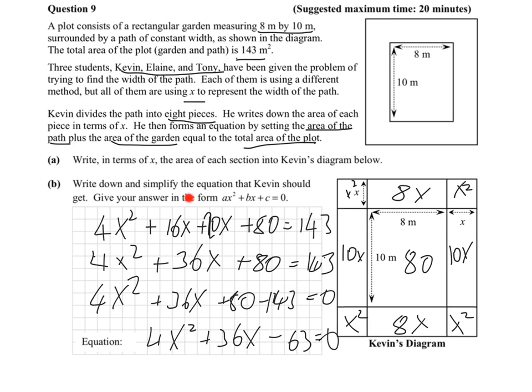So all this means is that your end answer has to look like this. A stands for some number, so it has to be some number beside x squared, 4x squared, some number beside x, 36x, plus some number, minus 63. So this is in the form of this equation here. That's all that they're asking here. Get your end answer to look like this.